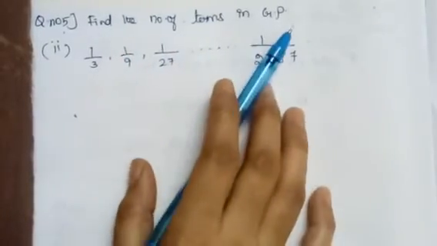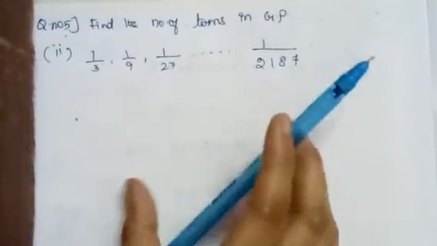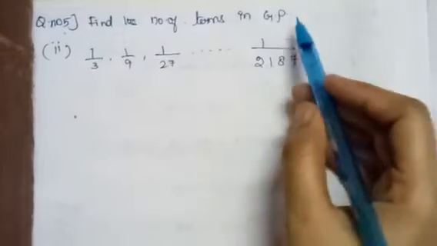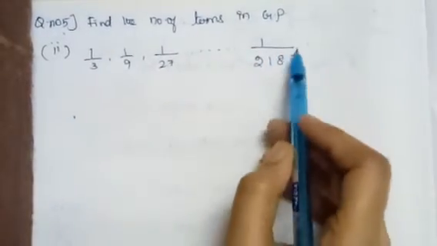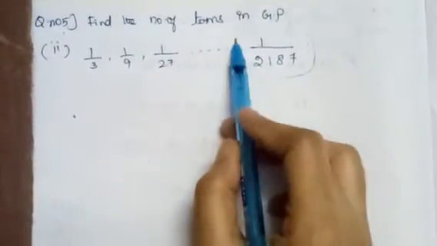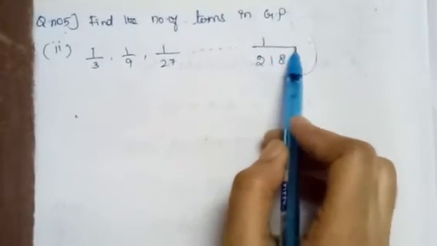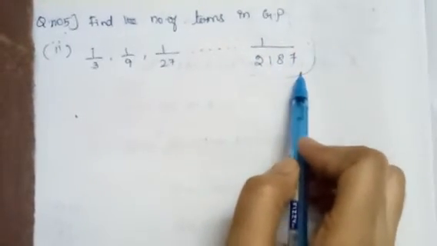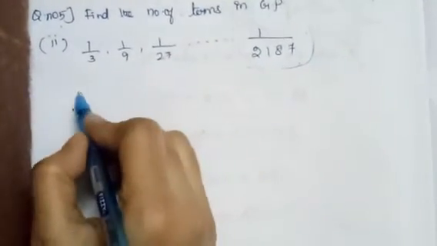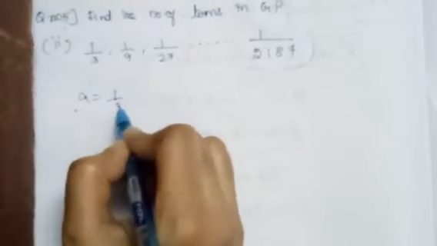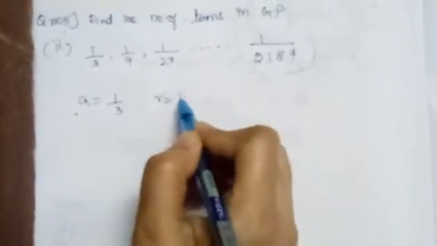Question number 5 from exercise 2.7. Find the number of terms in GP. They have given some GP and they ask the number of terms in the GP. That means the number of terms they have given, in which term the answer should be 1 by 2187. First write A is equal to 1 by 3. R is equal to T2 by T1.